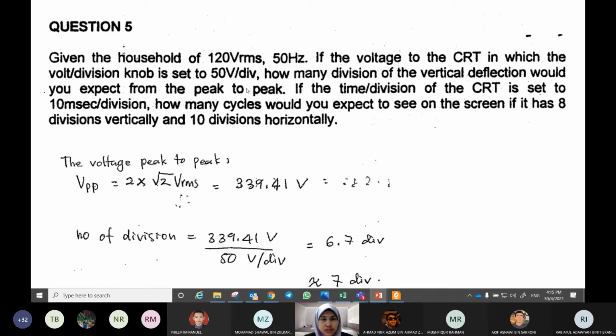So we take the voltage divided by 50 volt per division and we get 6.7 divisions, or about 7 divisions. Any questions so far?